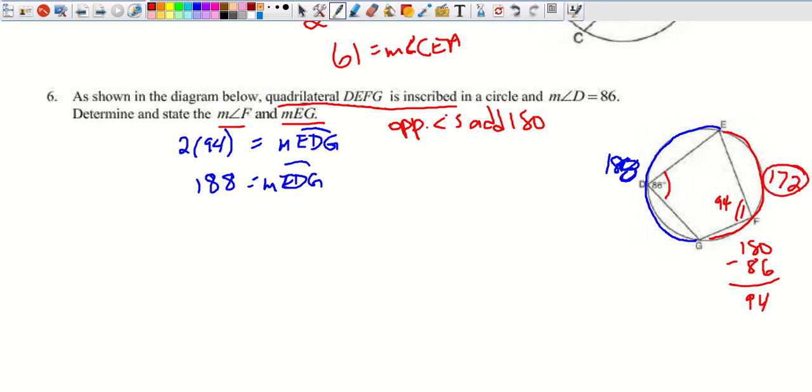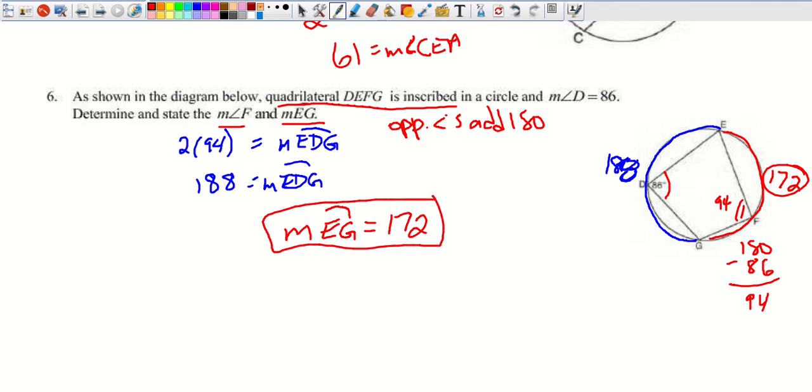And since this is less than 180, that would be my minor arc. So technically, if it said the measure of arc EG, it means that it has to be minor, so this would be 172 degrees. Okay, so major arc would be 188. Minor arc, the one we're looking for, is 172.